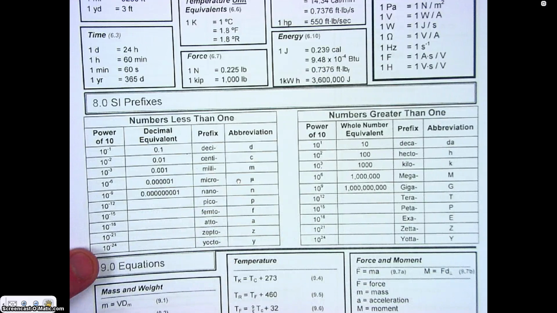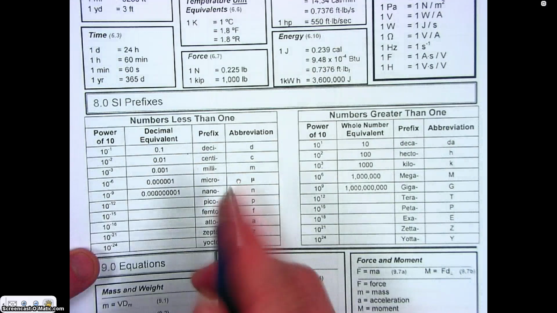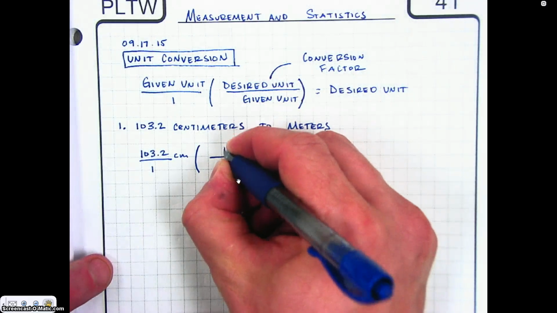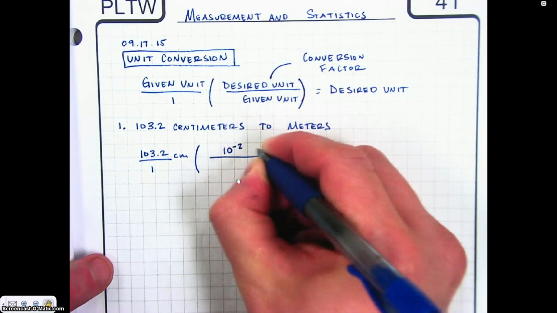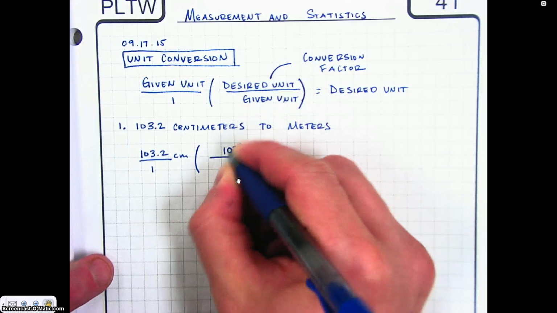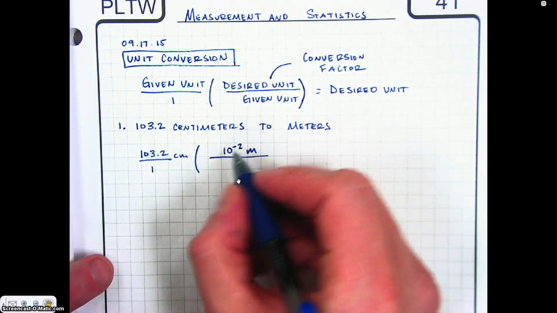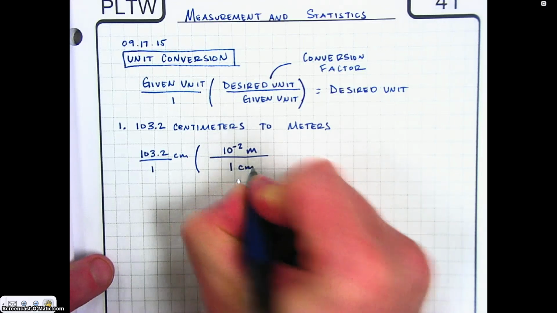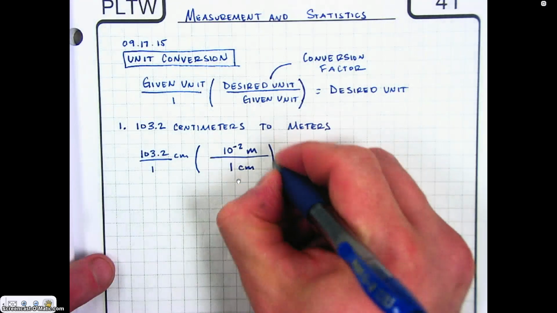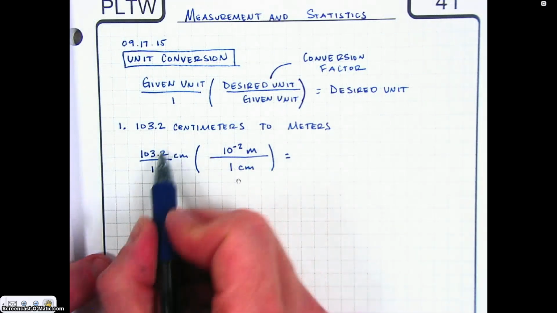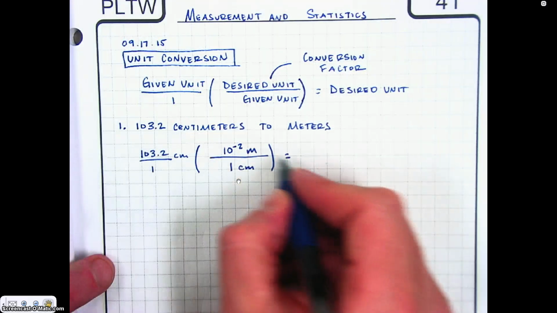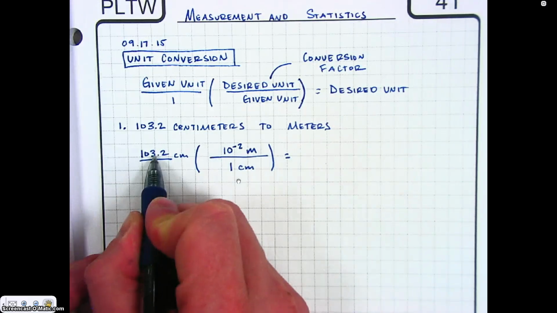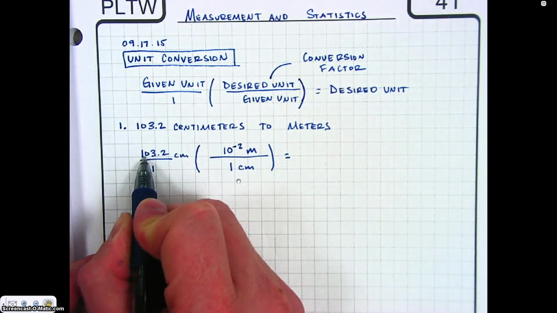And so we have that 10 to the negative 2 right here for centi. We know that 10 to the negative 2 meters, this is our conversion factor, has to be equal to 1. 10 to the negative 2 meters is equal to 1 centimeter. Okay? And then all you have to do is multiply. The easy way to do it is to know that for 10 to the negative 2, we move the decimal place 2 places.